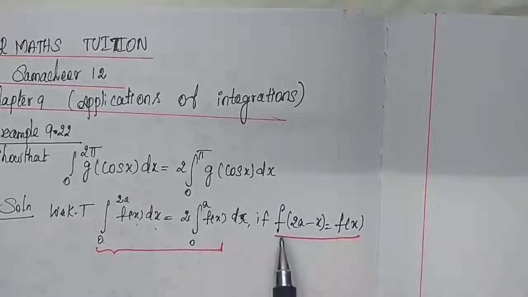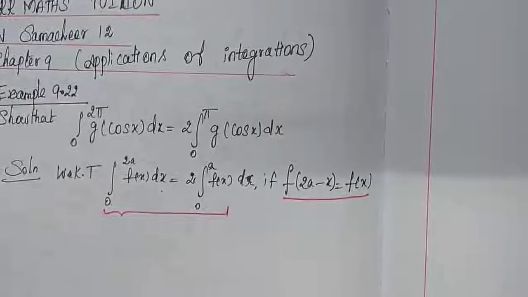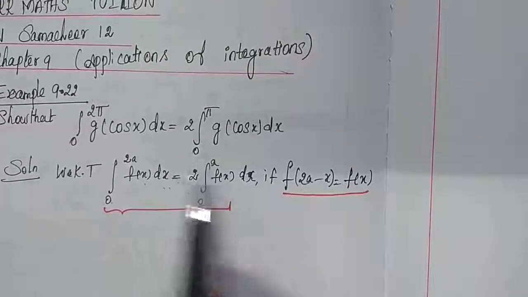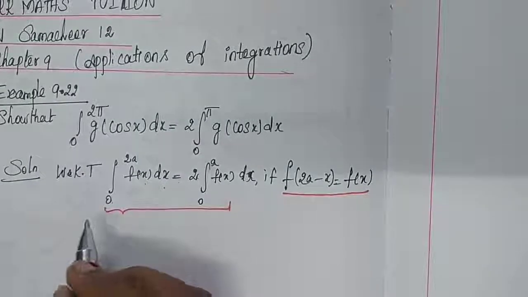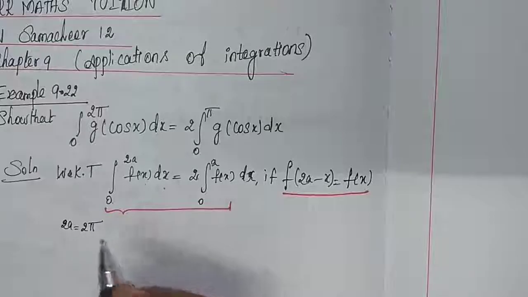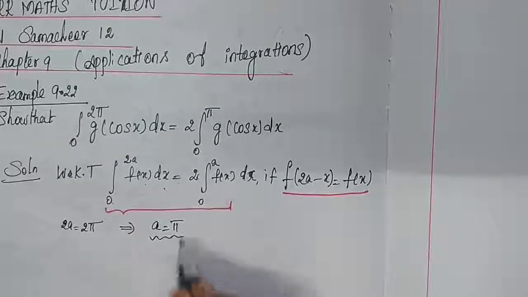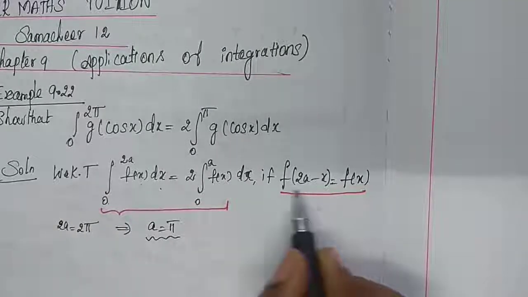We start with f of 2a minus x. In our question, 2a is 2π, which implies a is equal to π.